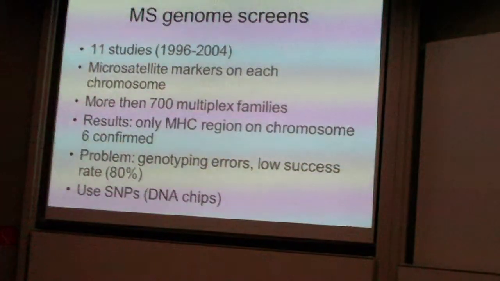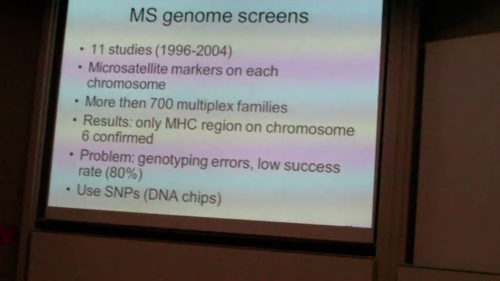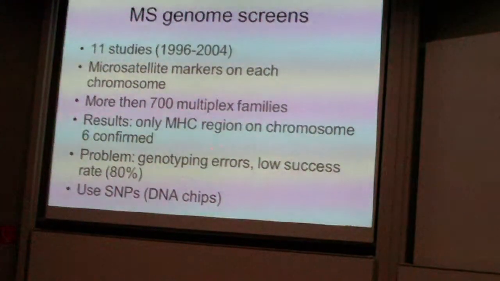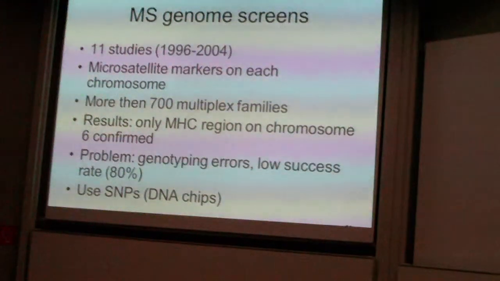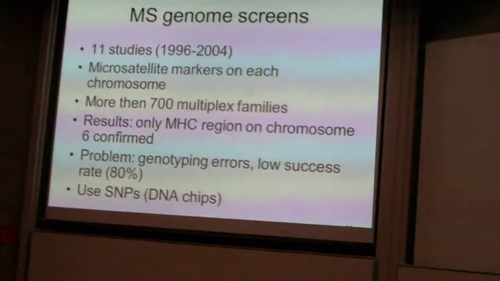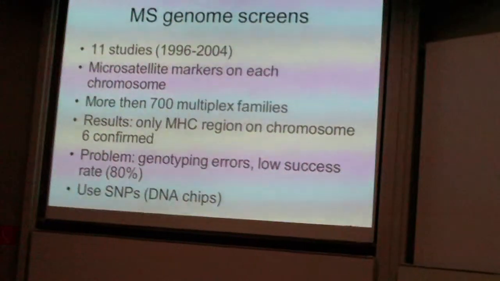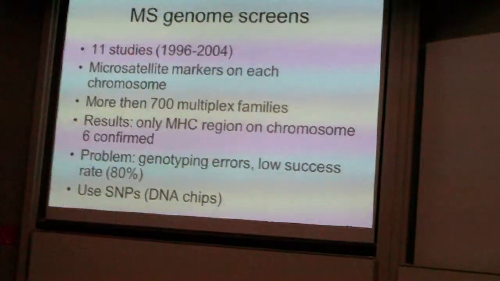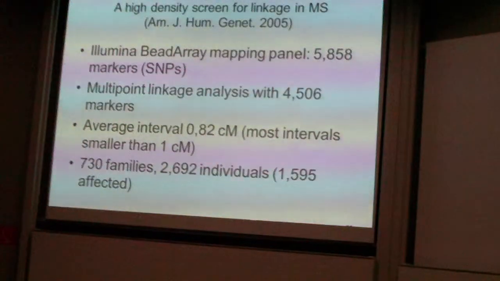As you can see, the frustrating result of those studies, many published in top journals like Nature and Science, was that they could only confirm the genetic association with the MHC region. Every study came up with MHC and then a list of other genes. Another study came, MHC and another list, MHC another list. So it was a very difficult time to find out what is really important in those studies.